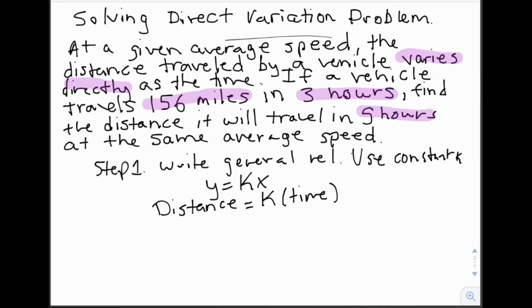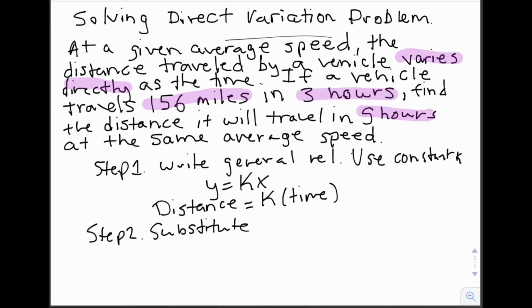Now, let's move on to step number 2. Step 2 says to substitute your values of your variables. So this is going to be using our first pieces of information here. So we have 156 and 3 hours.